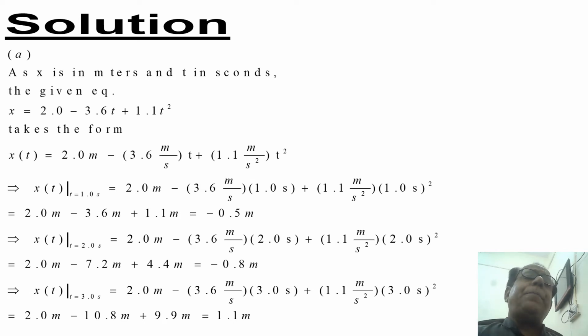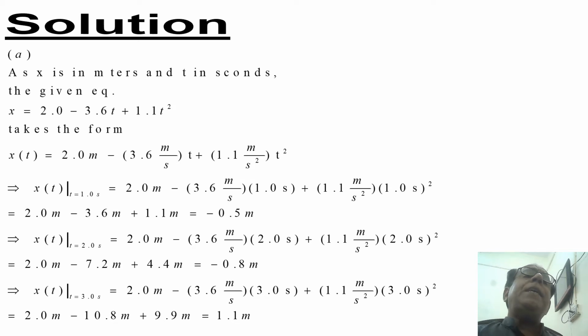This implies that the function x(t) at t equal to 1.0 second is equal to, dear students, here there are various styles to denote this expression: x(t) at t equal to 1.0 second is equal to 2.0 meter minus 3.6 meter per second into 1.0 second plus 1.1 meter per second squared into 1.0 second whole squared.